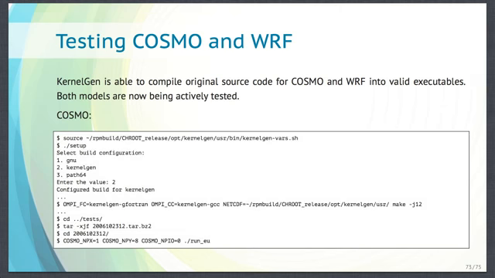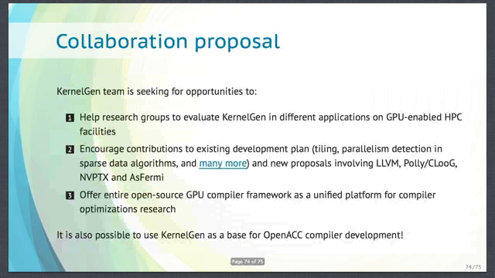Same thing in case of COSMO. In case of COSMO, if you are using Open MPI implementation, you can use these environment variables to reconfigure Open MPI to use KernelGen compilers as underlying compilers and compile the COSMO source code. And also you can deploy it as usual. Not too much magic.